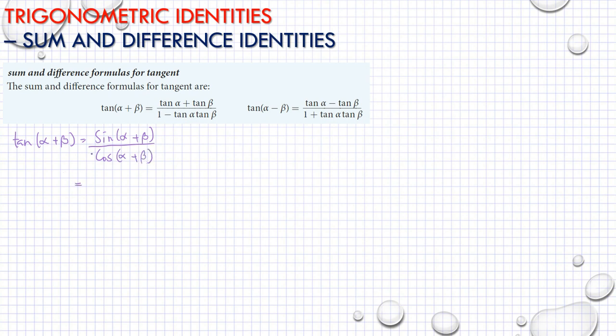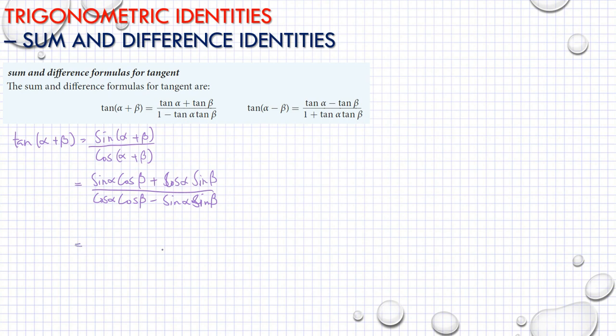And we know that sine alpha plus beta is sine alpha cosine beta plus cosine alpha sine beta, divided by cosine alpha cosine beta minus sine alpha sine beta. But we need tangent.